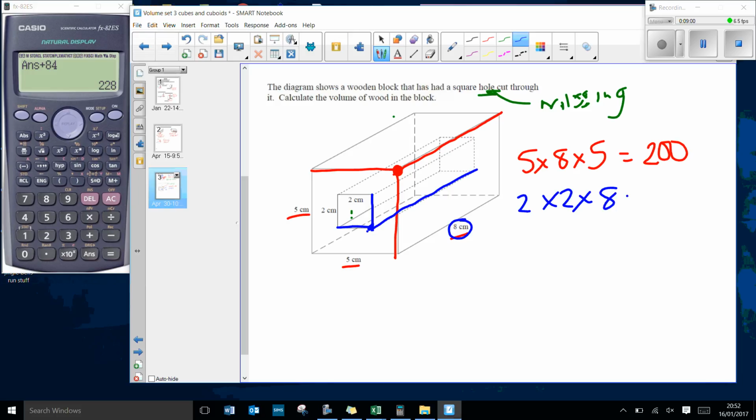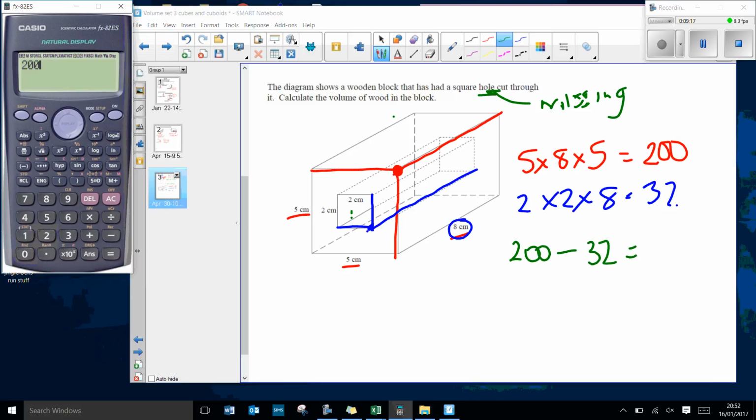So 2 times 2 times 8 is 32. So this is where our final step comes in, and we would do 200 subtract 32. Gives us our volume of 168 centimeters cubed.